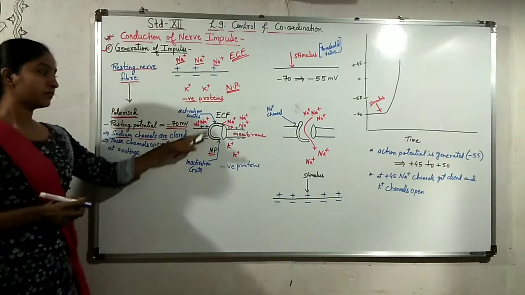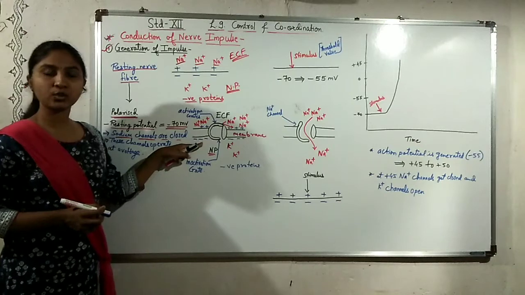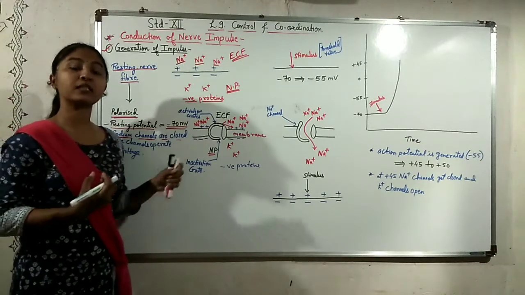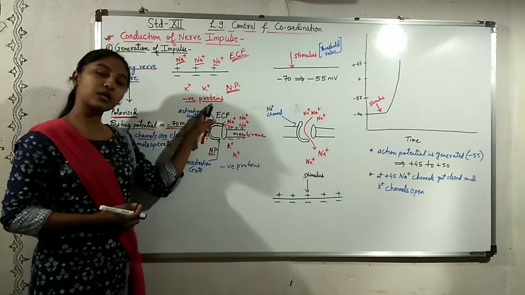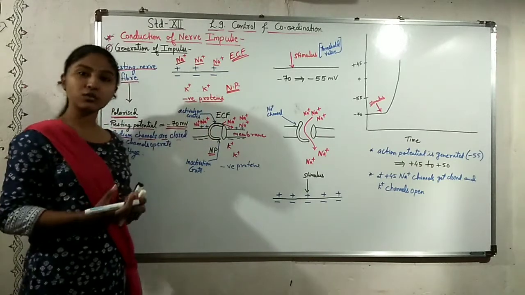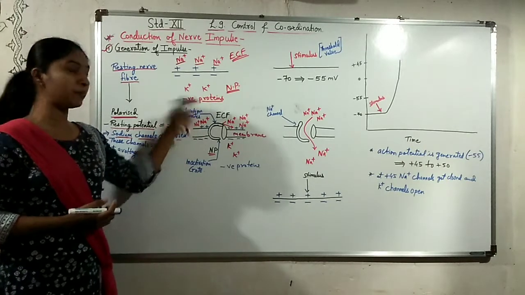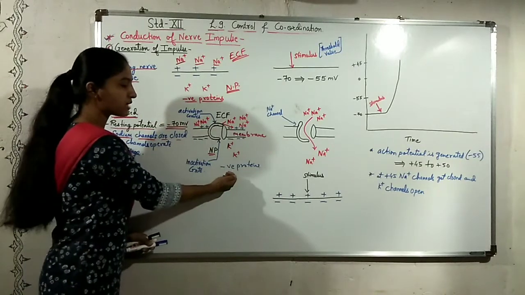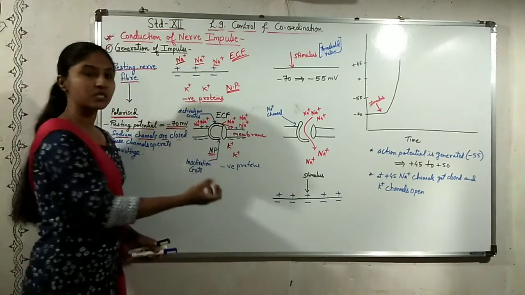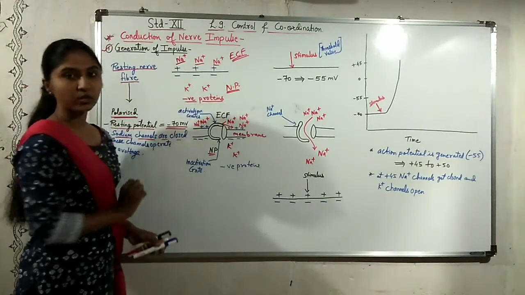In the extracellular fluid there is a higher concentration of sodium ions, so the outer side of the membrane is electropositive, whereas the inner side has more negative proteins, and that's why the inner side of the membrane is electronegative.